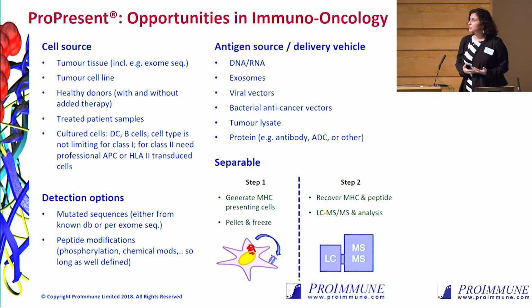We can look at phosphorylation, we can look at other chemical modifications and post-translational modifications. So this is one of the great technologies that we have developed that will allow you to identify potential targets for your therapeutics, for your vaccine development, or even for your further immune monitoring assessment of a therapeutic.